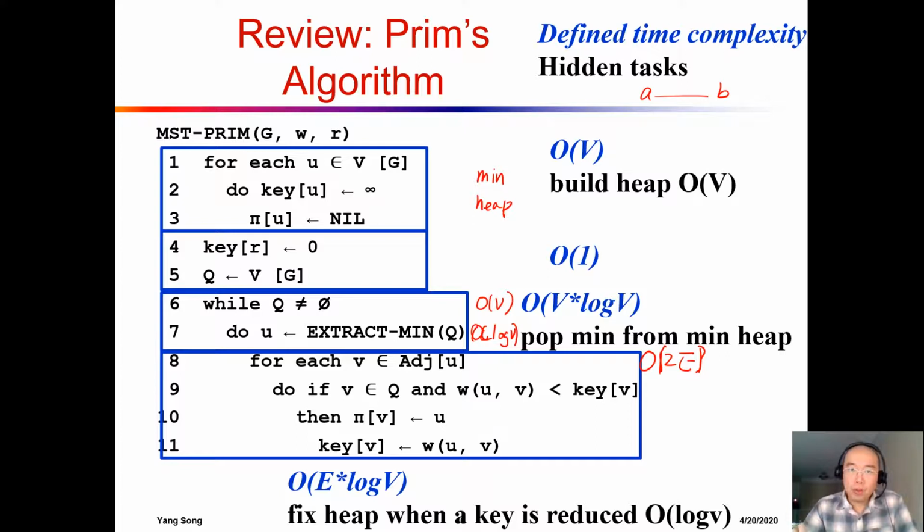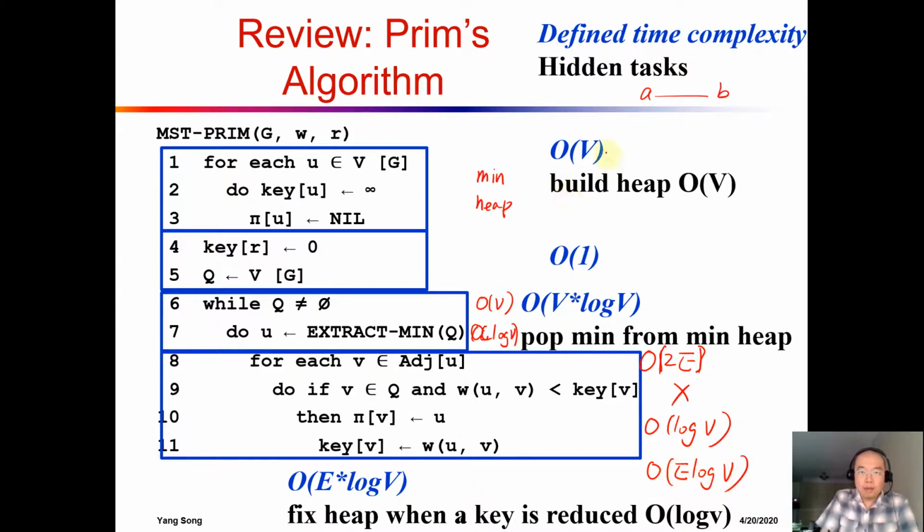When we are reducing the key of a node in the min heap, we may violate the property of a min heap. So what do we do? We have to fix the heap again, right? To fix a heap, there is an O(log V) time. So in this case, there is indeed an O(log V) here. If you multiply this together, you will have O(E log V).